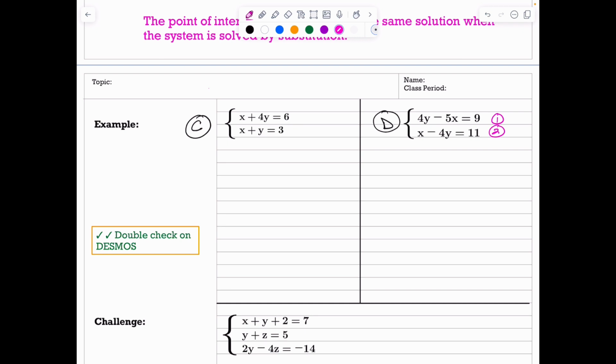And I'm going to take equation number 2 and solve for x. Why? Because all I have to do is push that 4y to the other side by adding it. There we go. That was easy. Then I'm going to take the first equation, and in place of x, I'm going to plug in that 4y plus 11.